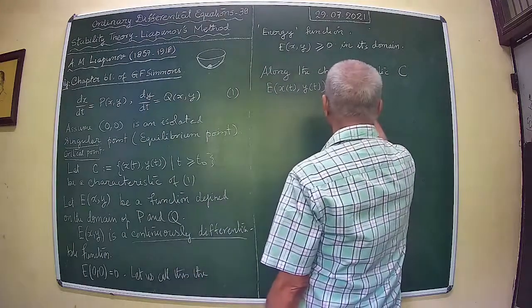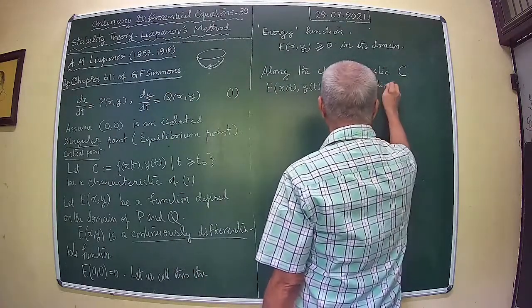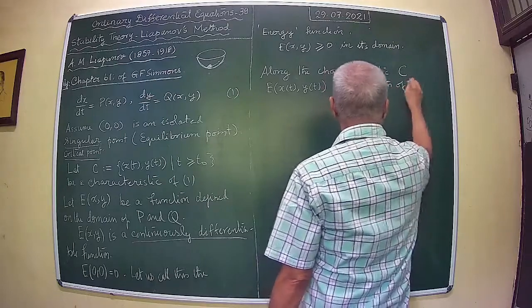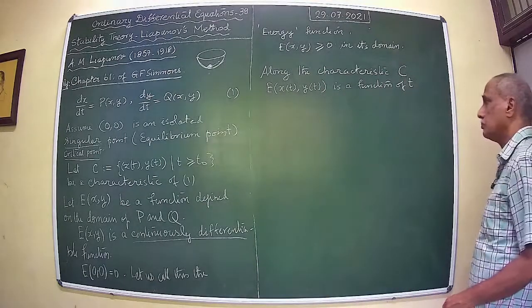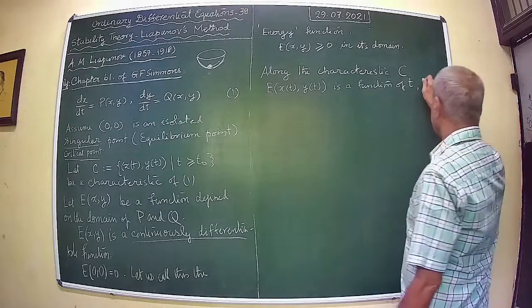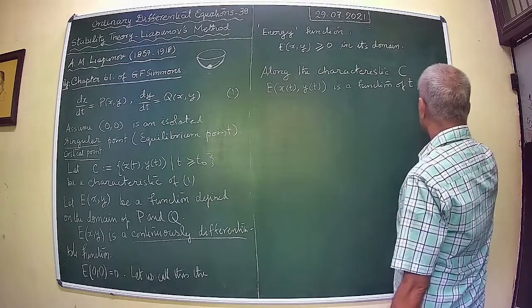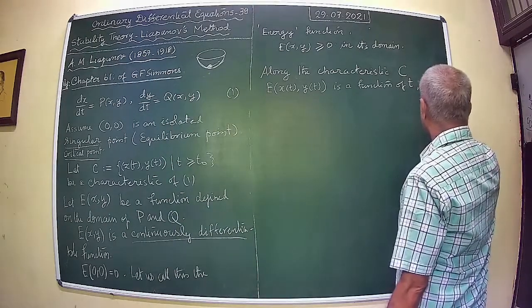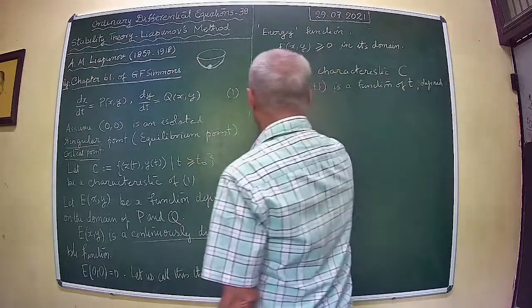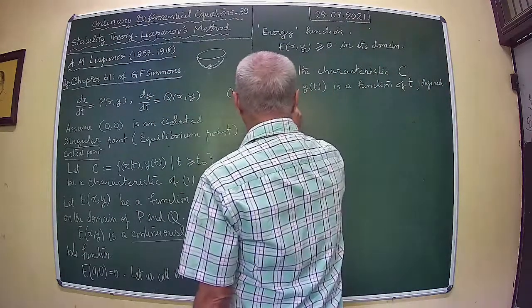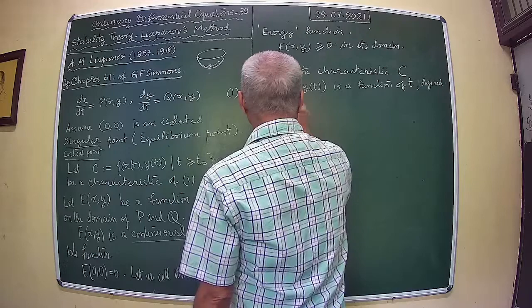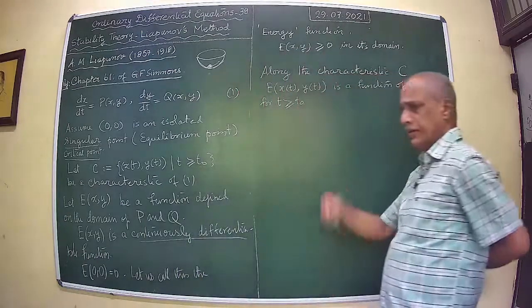E of x(t), y(t) is a function of t, for t greater than or equal to t naught, or defined on some interval.